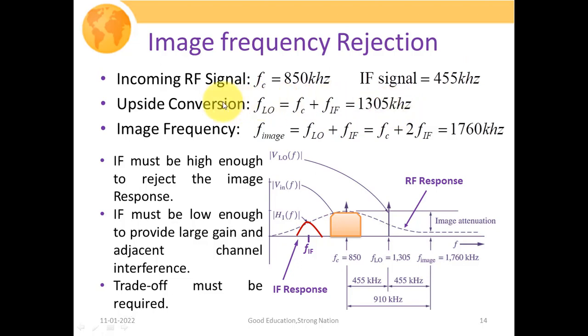The image frequency is F of LO plus F of IF, which equals FC plus twice IF, that is 1760 kilohertz. So our message signal broadcast at the carrier frequency FC of 850 kilohertz will have its image at 1760 kilohertz.